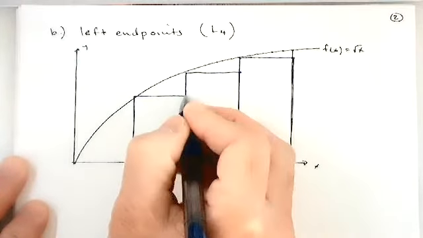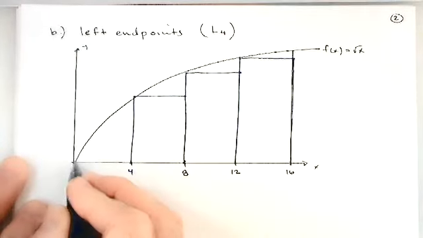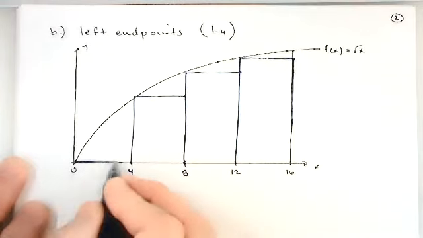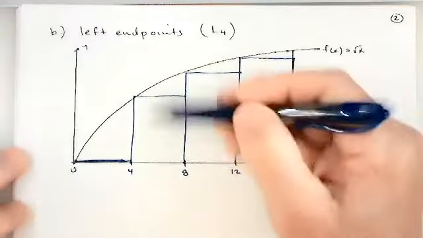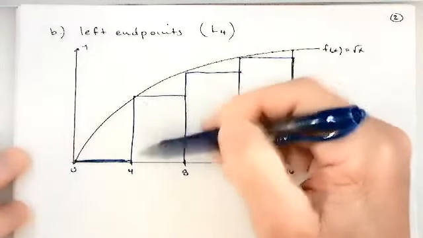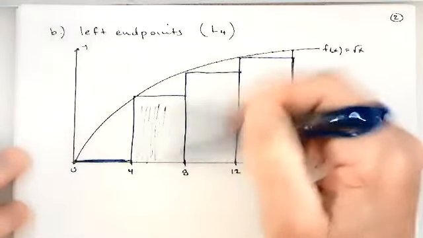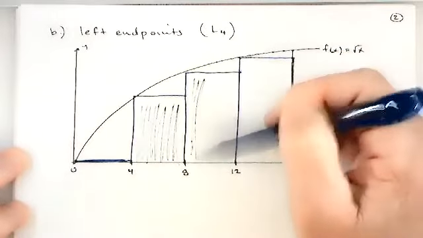And now you can probably see why I started at the right, because technically right here at 0, if I take the left endpoint, the height of the function is 0. So I actually don't even get a rectangle. It's more like a line. But now what I'm going to do is add up the areas of these, well, I'll call them 4 rectangles, even though there's really 3.